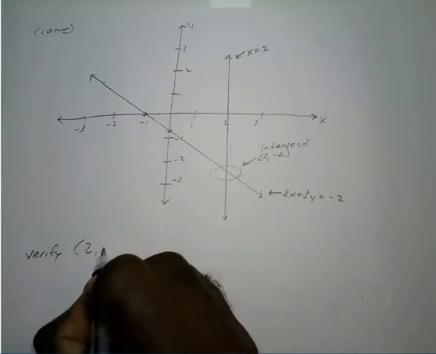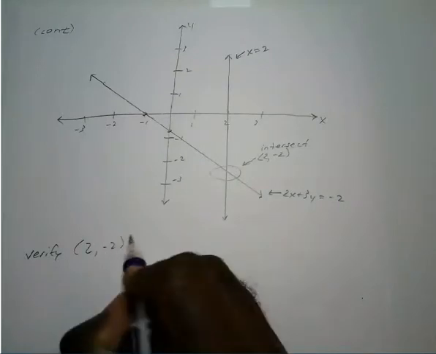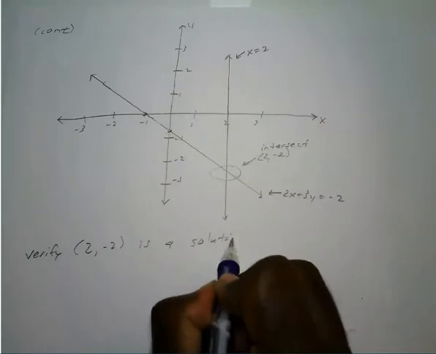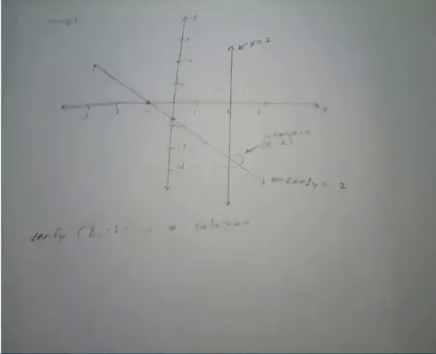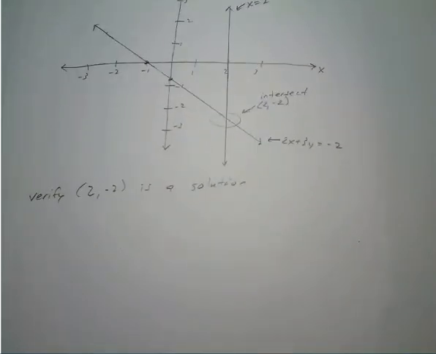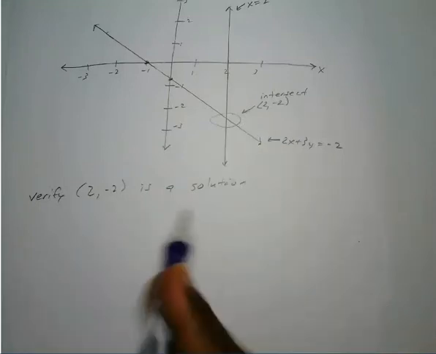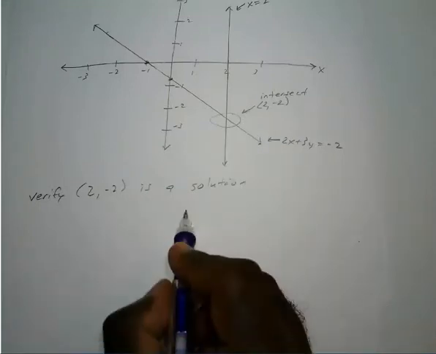Verify that 2, -2 is a solution. Okay, so since it intersects at 2, -2, we're going to verify that that's the solution just by plugging it in.